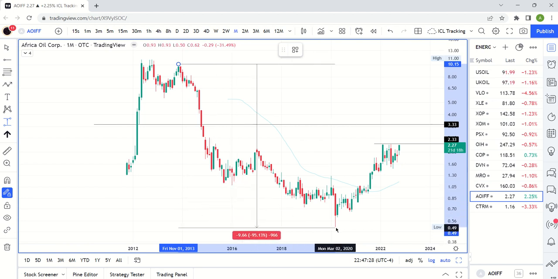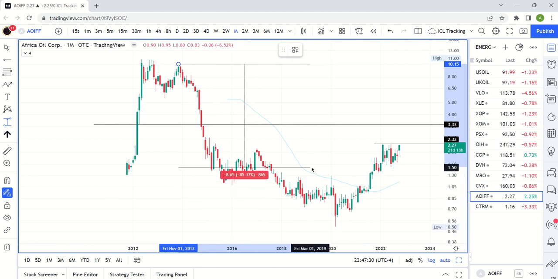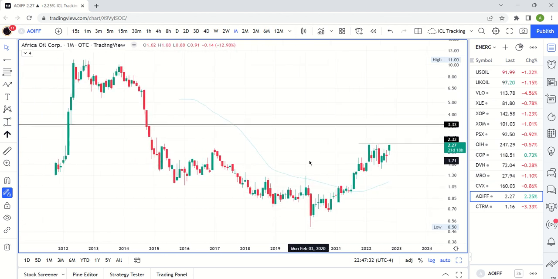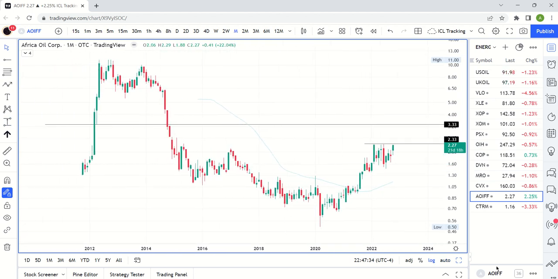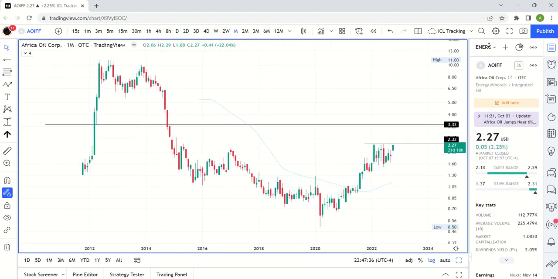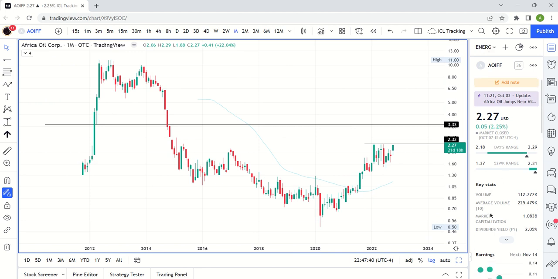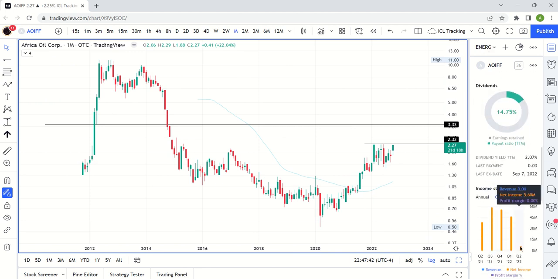And if you went all the way down to here, 95%. My God. So this actually could be pretty interesting. Let's see, what is the market cap on this thing? 1 billion, 2% dividend. Do we have revenue? That's interesting. Not a ton of data.